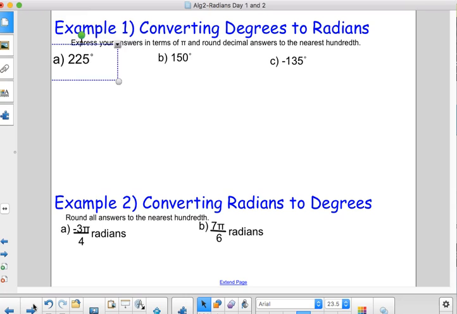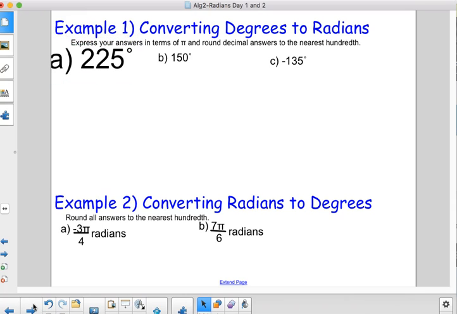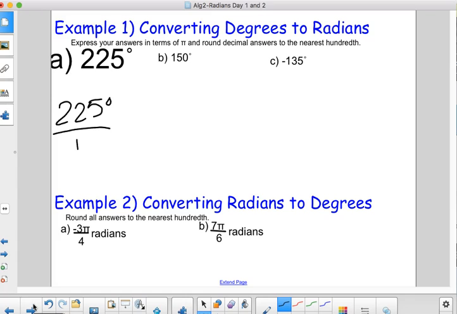So if you want to know what 225 degrees is in radians, you can convert it. We're going to use dimensional analysis. So the key part is that 180 and pi are the same thing.